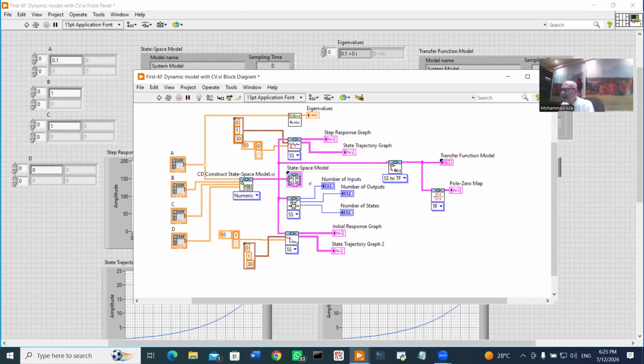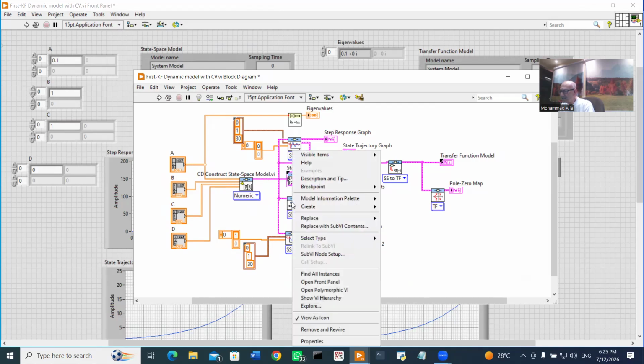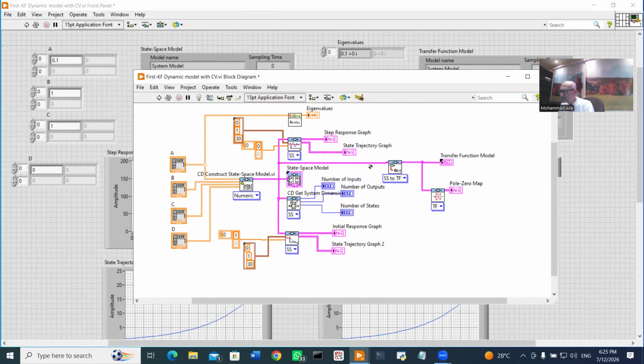To know about this state space model, which was created, I used this function, which gives information about the number of states and the dimensions, inputs and outputs.